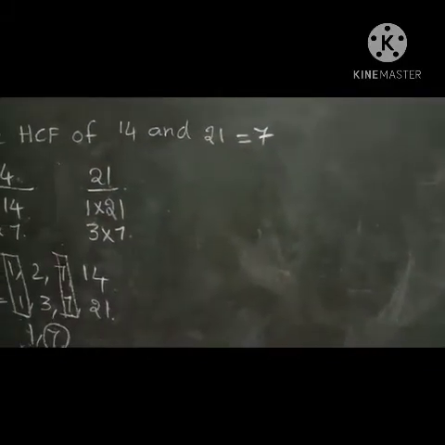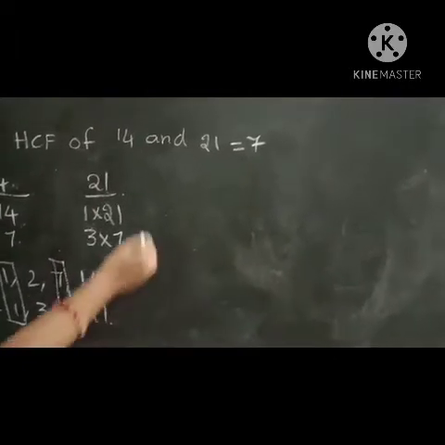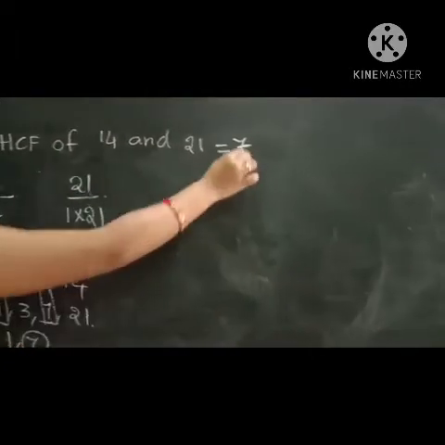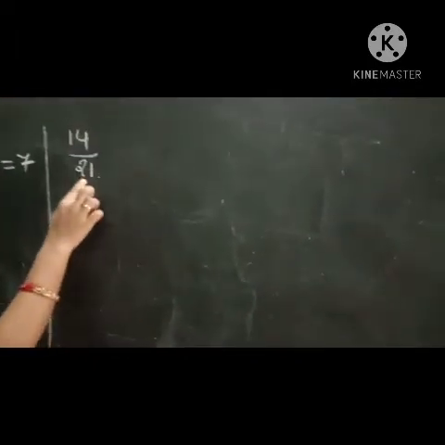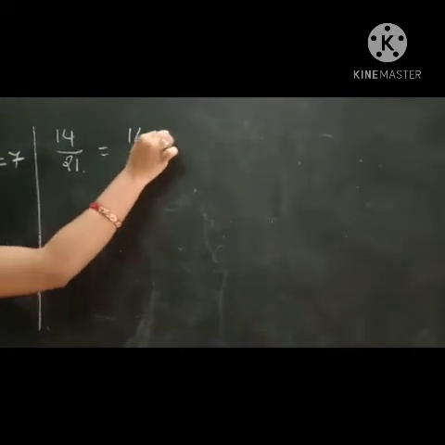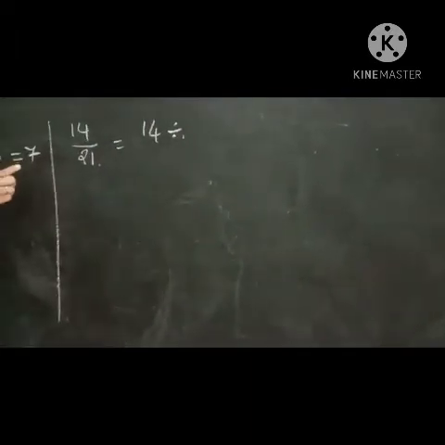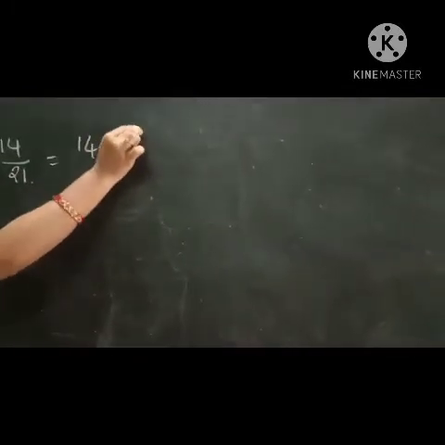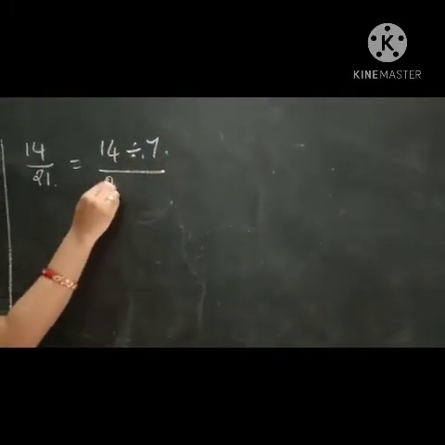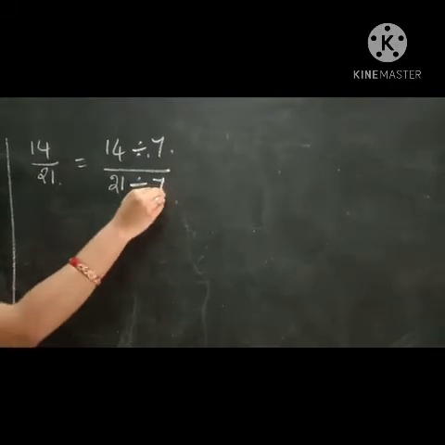Now what we have to do is divide these two numbers. See here, 14 by 21. 14 by 21 equals 14 divided by, here what is the HCF number? 7 is there, no? So write this number here, 7. Again 21 divided by 7.